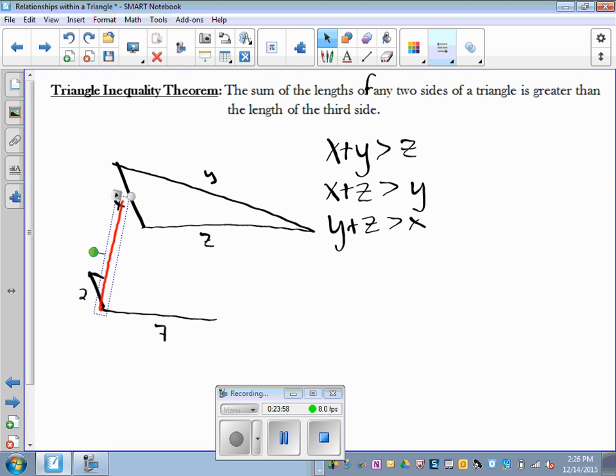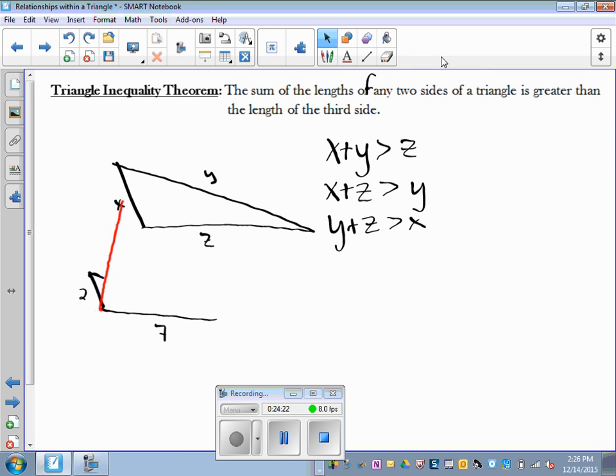Are there any closed shapes that aren't triangles? A closed three-sided shape that is convex, not concave, is a triangle. You'll learn about convex and concave. Are there any closed three-sided shapes that aren't triangles? No. No.